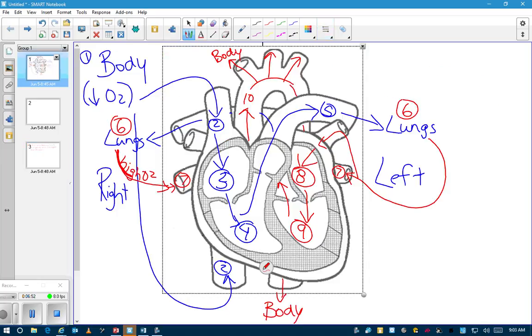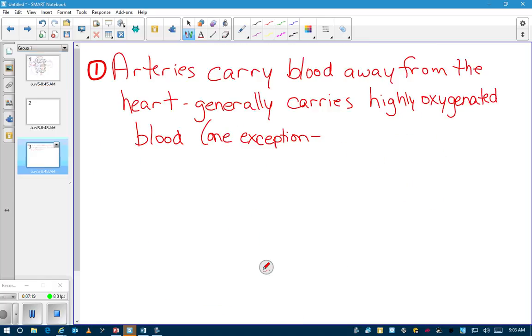If we look up here, where the pulmonary arteries are, what kind of blood do they carry? Low oxygenated. That's the one time it's going to be confusing. Those pulmonary arteries going from the heart to the lungs are still away from the heart, so that works out okay, but it's low oxygenated. So we'll put one exception: pulmonary arteries have low oxygen.